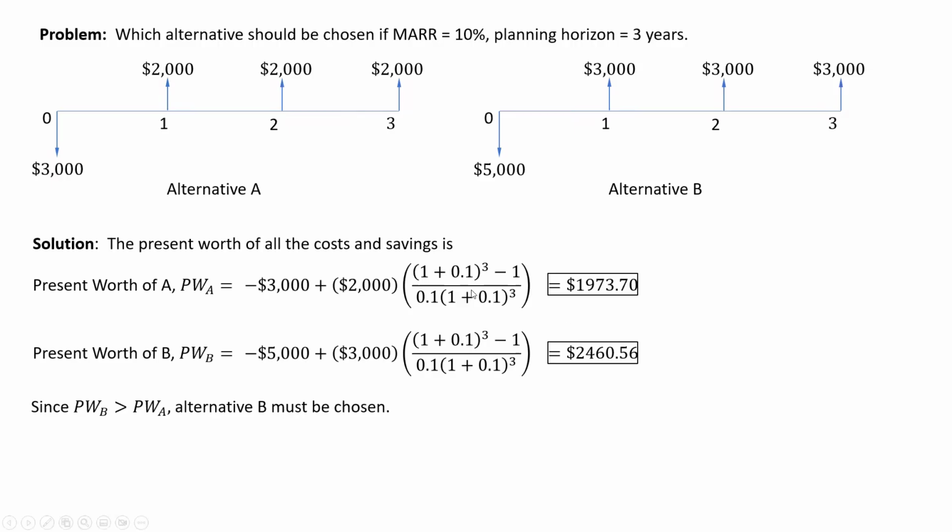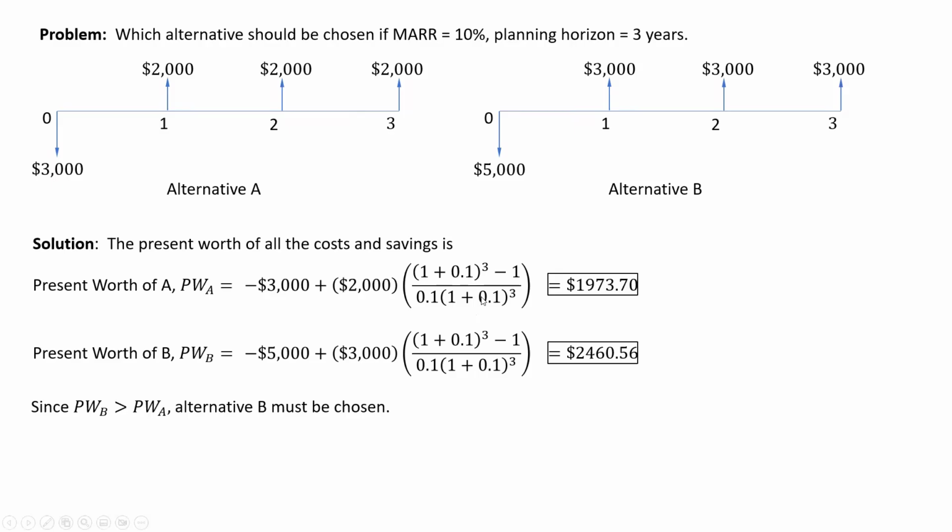Let me ask you one question, because this is pertinent to what we are about to do right after this. What if the interest rate is not 10%? Instead, the interest rate is just 0, right?